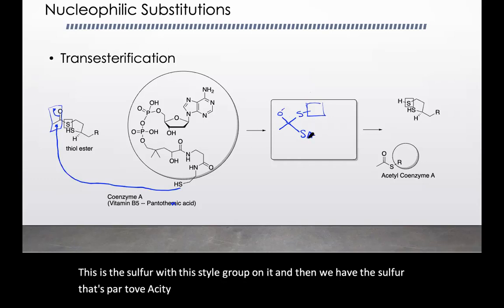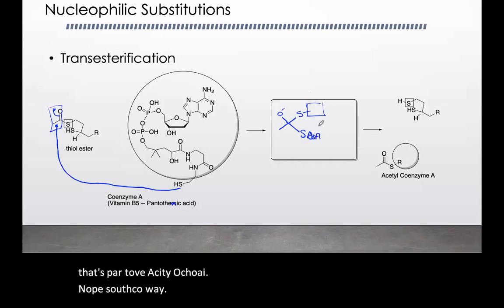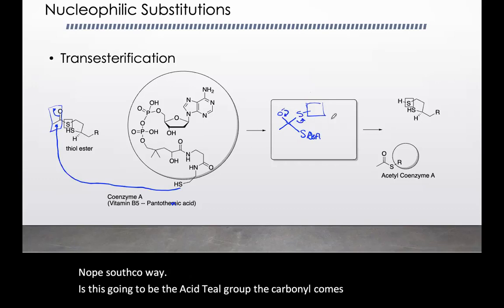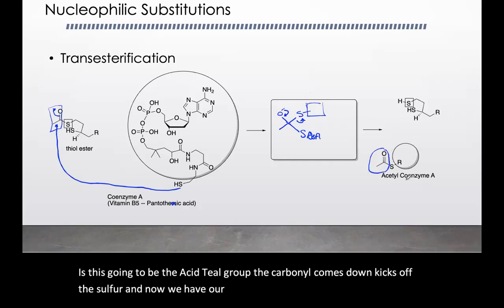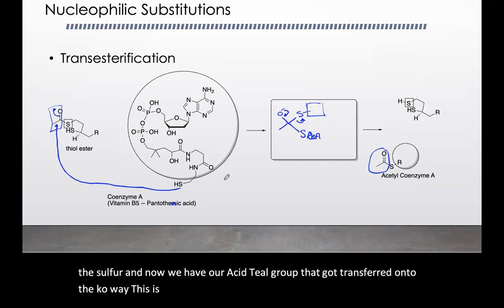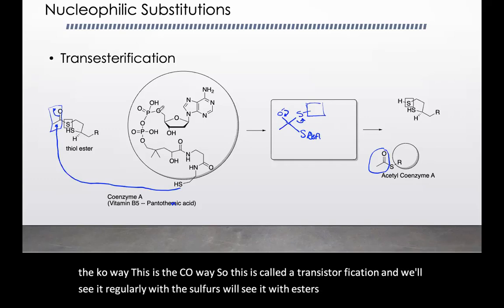Oops, of CoA, because this is going to be the acetyl group. The carbonyl comes down, kicks off the sulfur, and now we have our acetyl group that got transferred onto the CoA. This is the CoA. So this is called a transesterification, and we'll see it regularly with the sulfurs. We'll see it with esters as well occasionally.